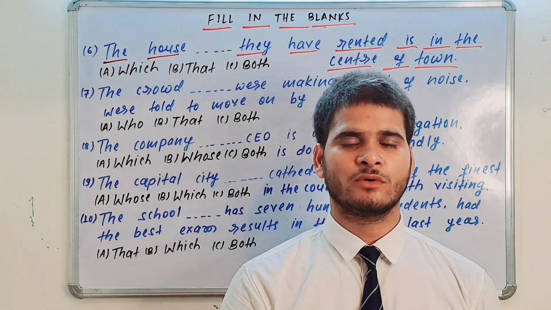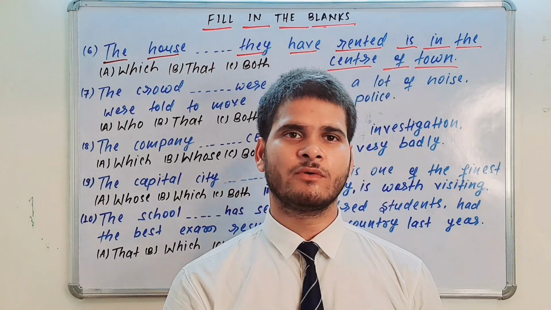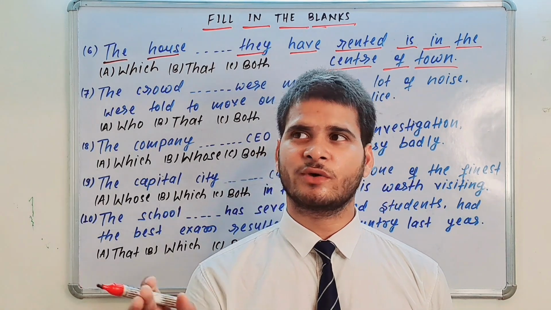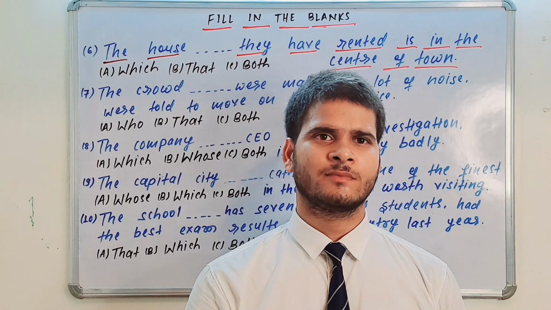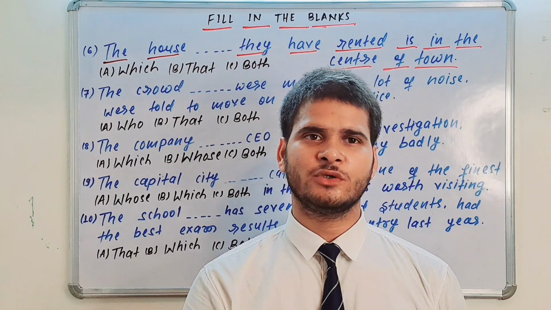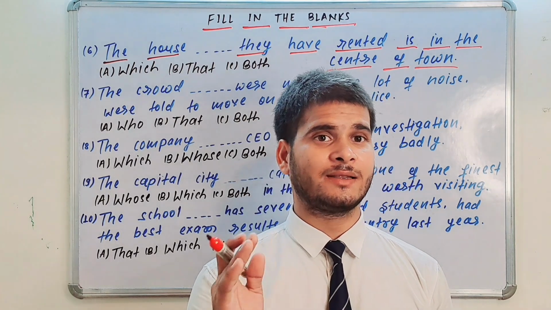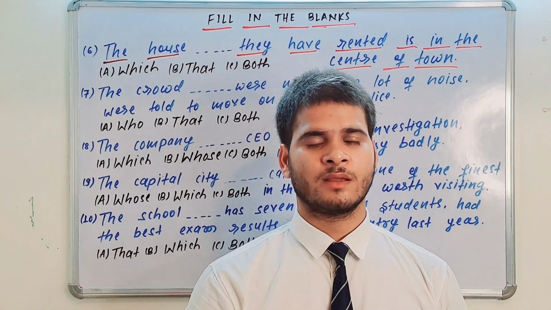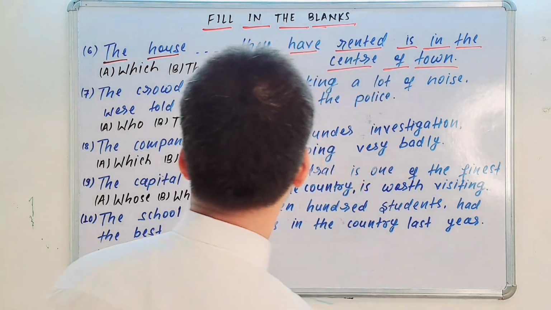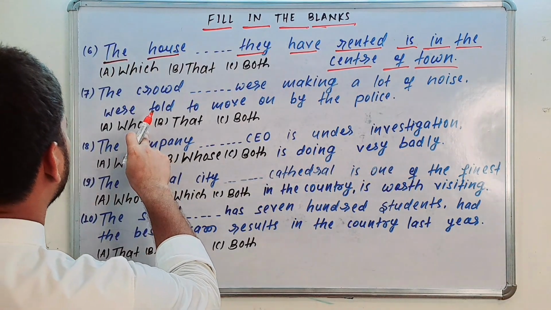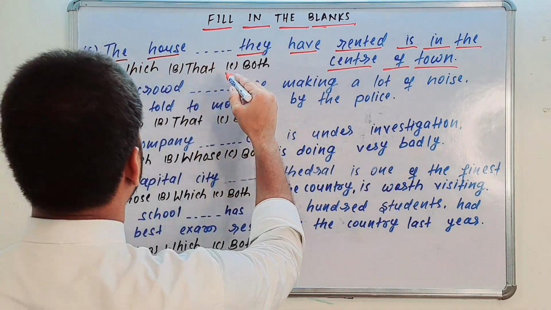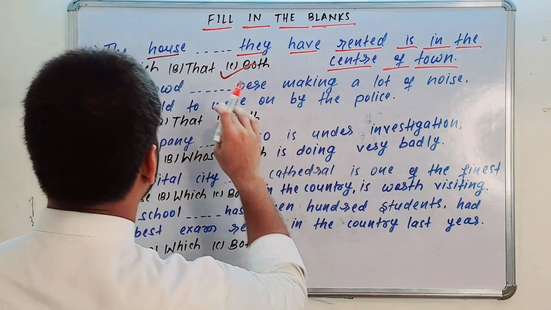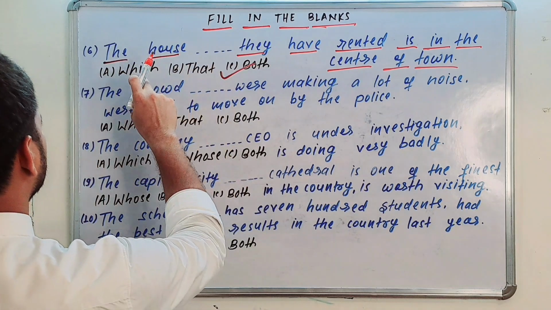But which is used only for animals, things or an idea. There is a common use: which can also be used for things, and that can also be used for things. So that's why here you can put either which or that. So option C is the right option for question 6.